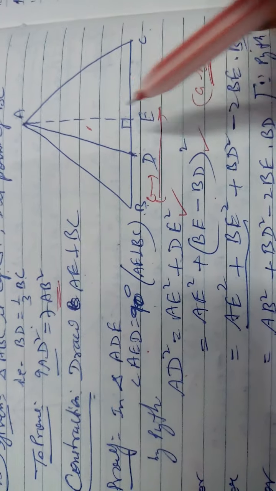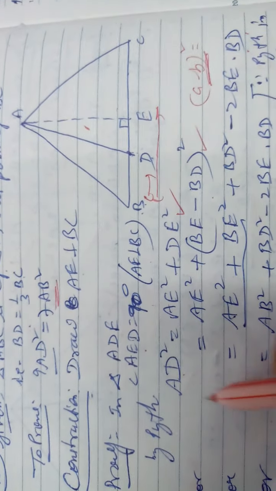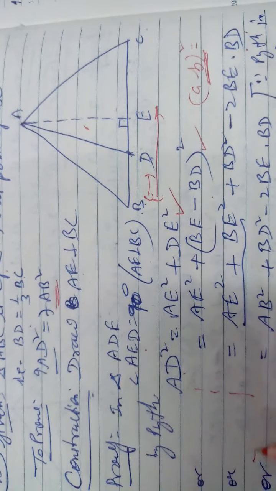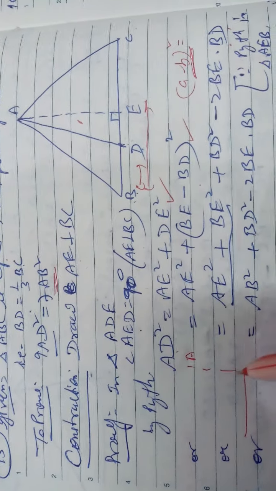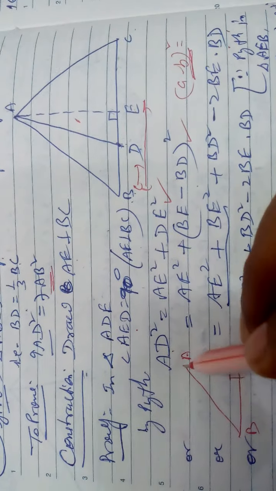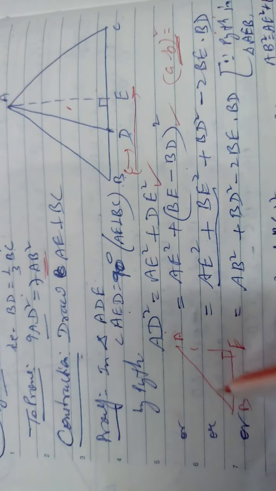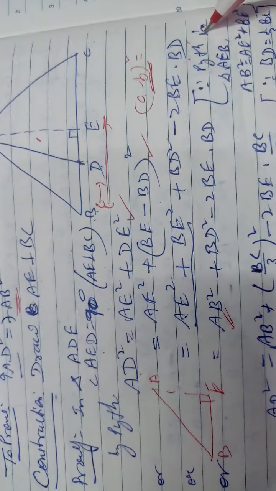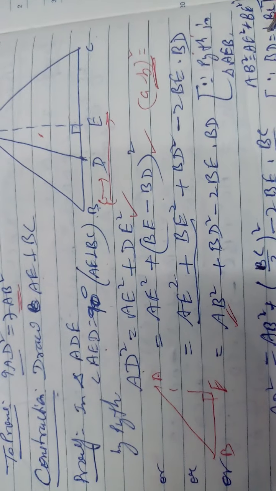AE square and BE square from the figure, by Pythagoras in triangle ABE, AE square plus BE square will be AB square.